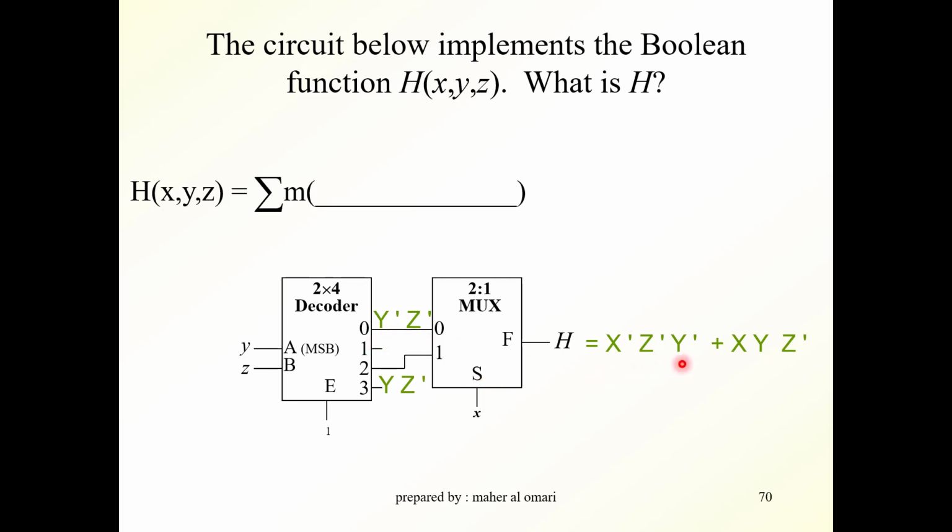S is equal to X, so it's X bar, ORed with X, I1, which is X, Y, Z bar. From here you see that this is minterm 0 and this is minterm 6. So H is equal to the sum of minterms M0, M6.